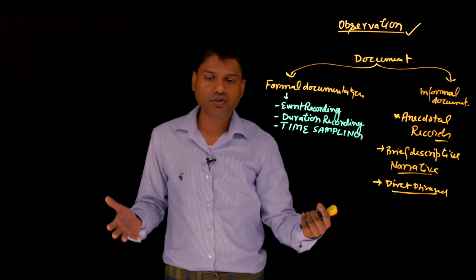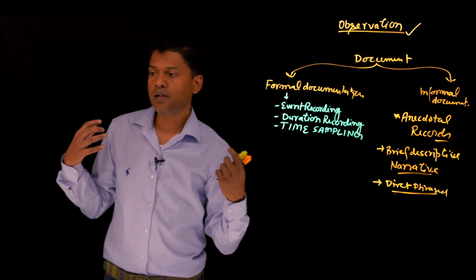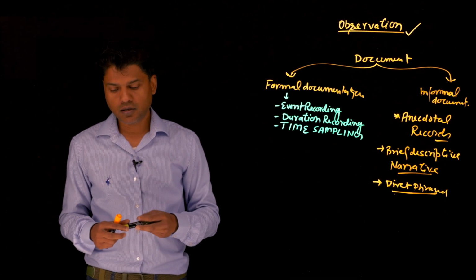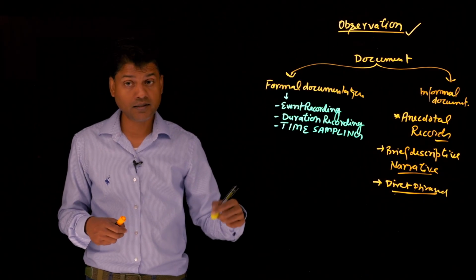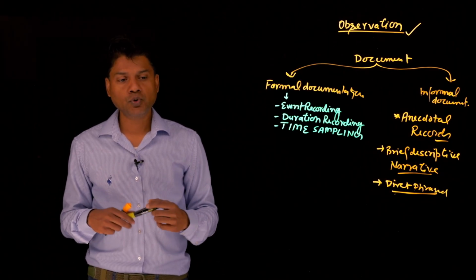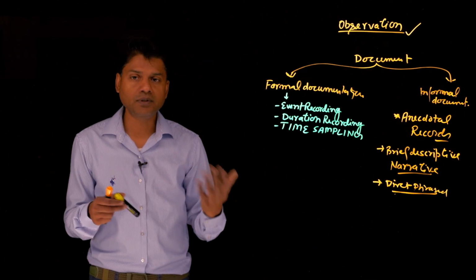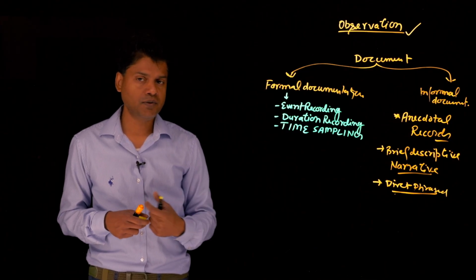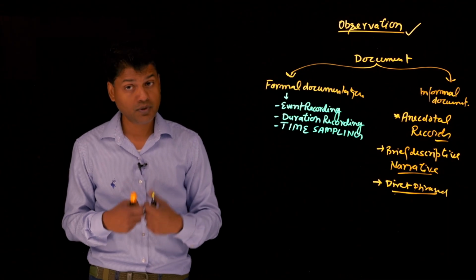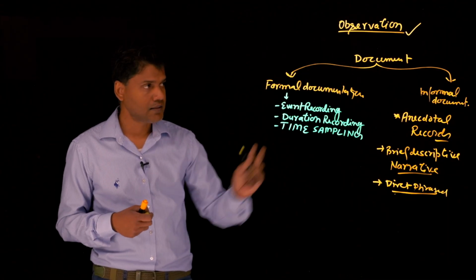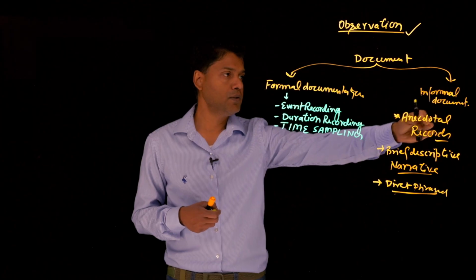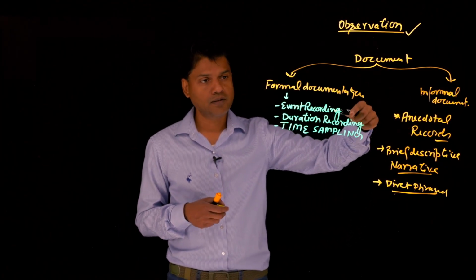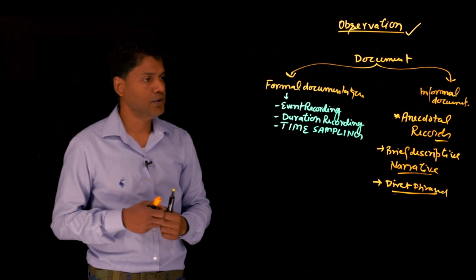Let's say if I'm observing a child, I'm simply writing a narrative of what I saw, using some of the phrases if I'm interacting with the child. So basically it's a very brief and descriptive narrative of what an observer observed. So that's an informal method of anecdotal record. So these are the four methods which are being used.